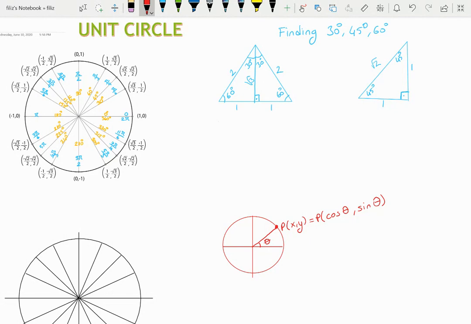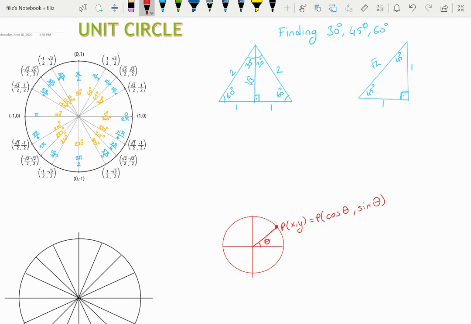And also, I will talk about some special triangles and finding their cosine and sine values for 30 degrees, 45 degrees, or 60 degrees. So let's start with the first special triangle.